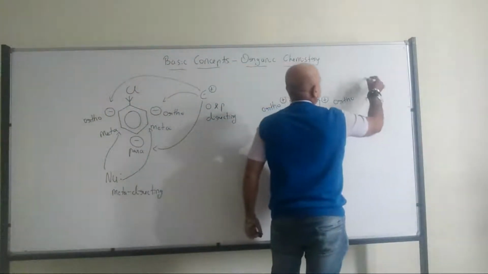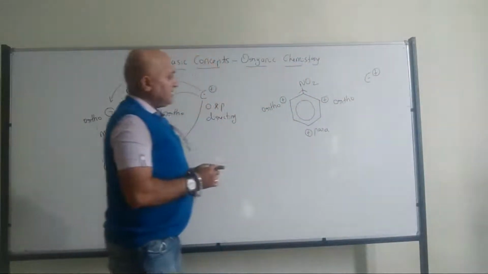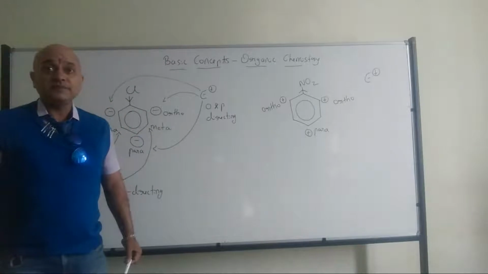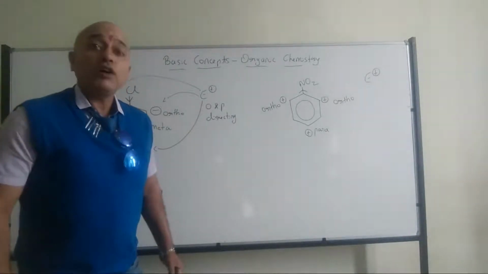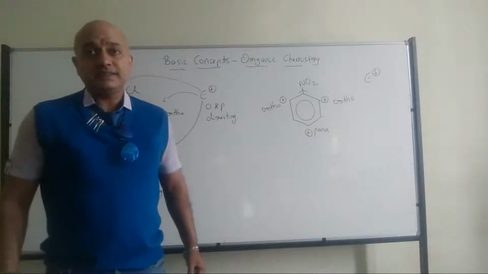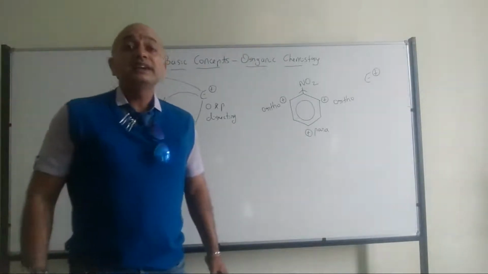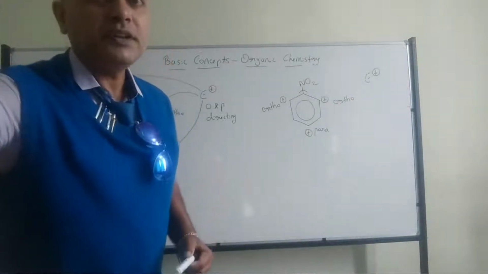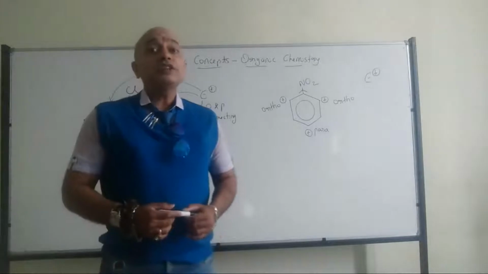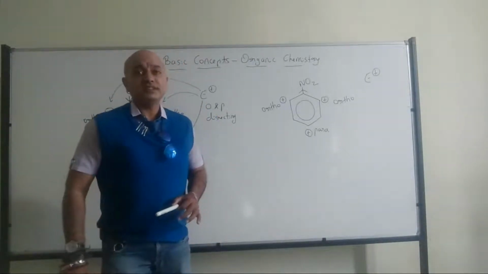Naturally, when we are dealing with electrophiles, they will not move towards those positions where electron density is already less, because electrophiles are those species which have a deficiency of electrons. All of you have understood? So they are not going to attack those regions which are already deficient of electrons.